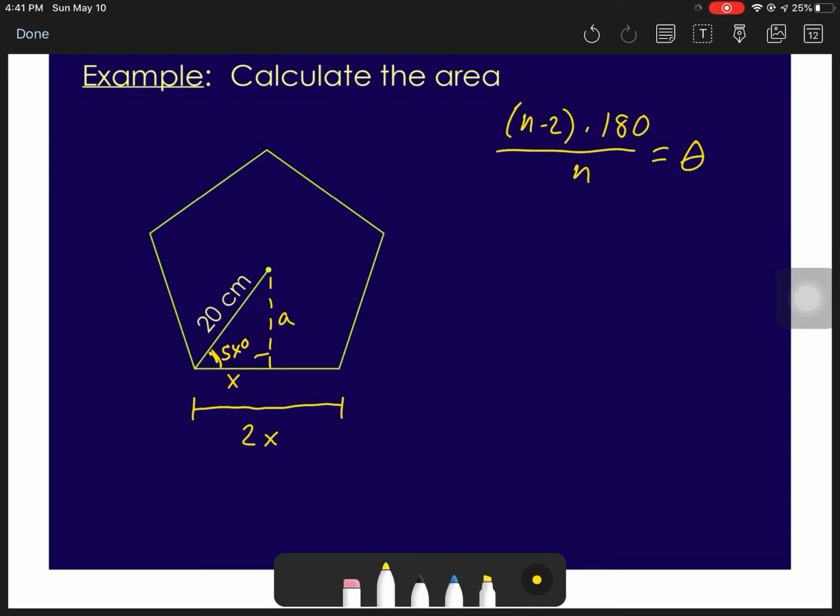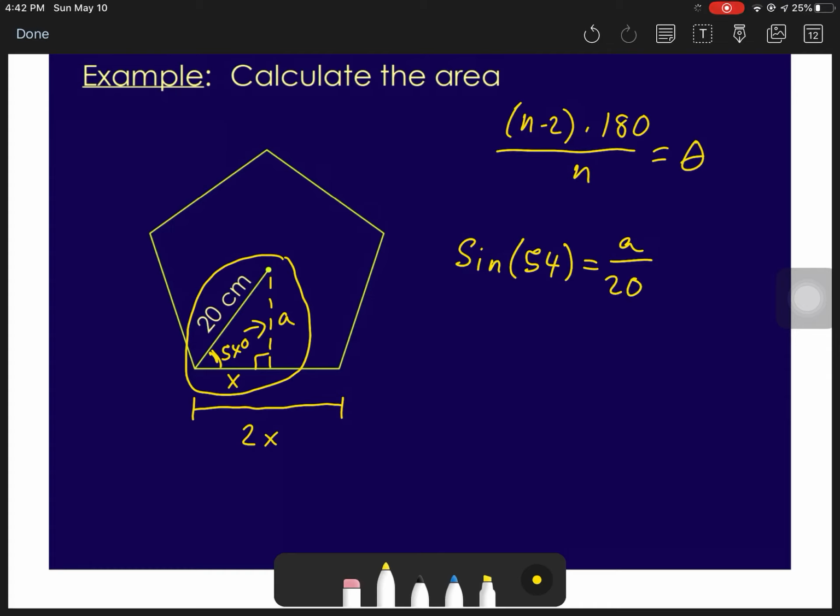But now, which side do we have of this triangle? This is still a right triangle. We need to think about what does a represent, what does x represent, and what does the 20 represent? Well, 20 is actually the hypotenuse. So to solve for a and x, we're going to use two different trig equations. The first one we're going to use is sine. If you remember, sine is opposite over hypotenuse. So opposite of our 54 degrees is a.